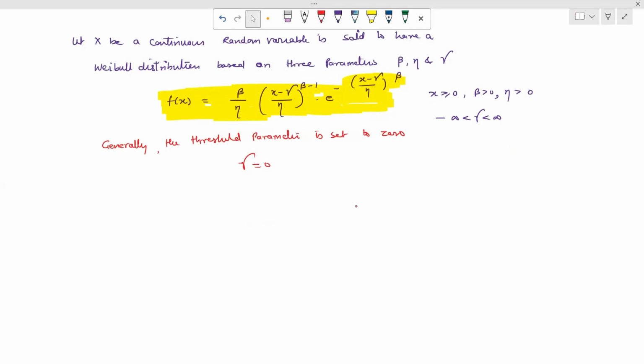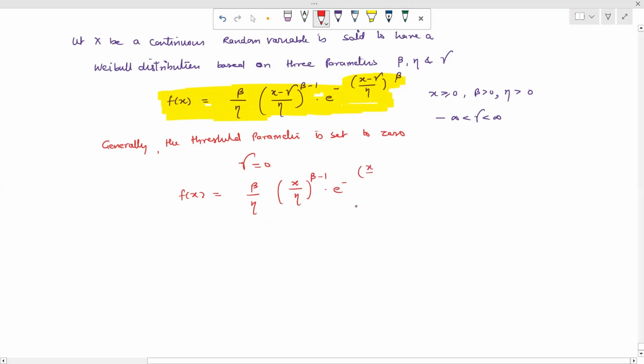That is written as f(x) = (beta/eta) (x/eta)^(beta - 1) e^(-(x/eta)^beta), when we put gamma equal to 0.